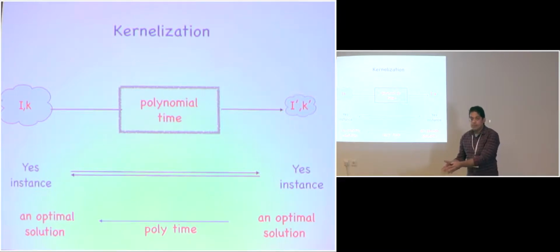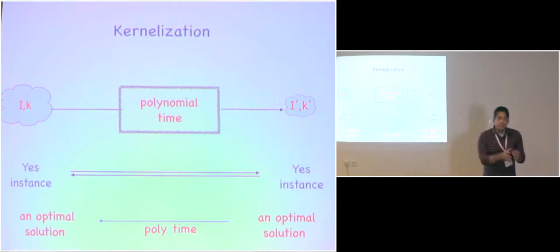And if I prime, k prime has a solution of size at most k, for instance, then you can pull it back to a solution of size at most k for I, k. So this is basically how you were arguing the correctness of your reduction rules. And in the process, what you were proving is essentially that an optimal solution here can be pulled back to an optimal solution back here.